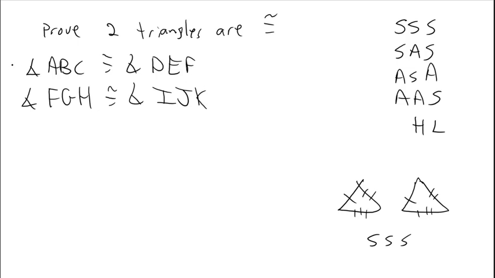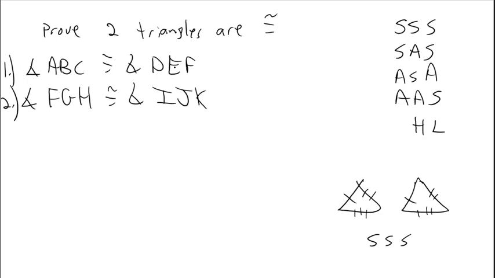We're just making up stuff. So this was already somewhere in the proof. Assuming we already have these statements, if we're trying to prove two triangles are congruent, these are the only methods we have.